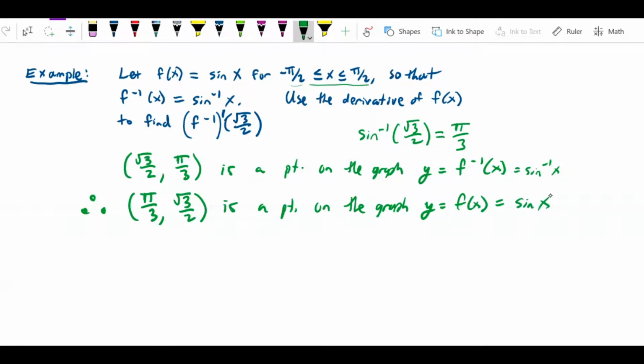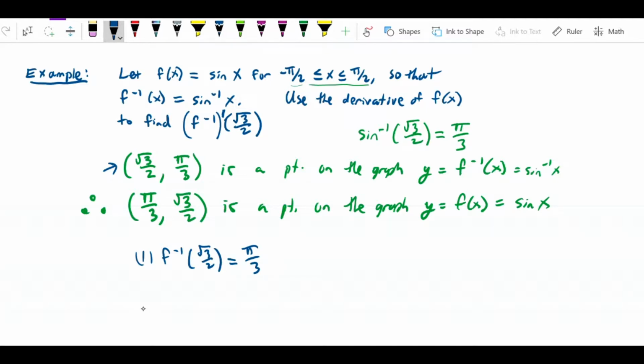All right, so a couple of things that we can infer from this. First of all, we can read off of this point, let me do this in blue, that f inverse of root 3 over 2 is equal to pi over 3.